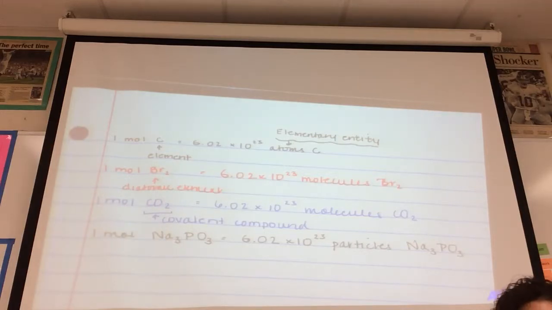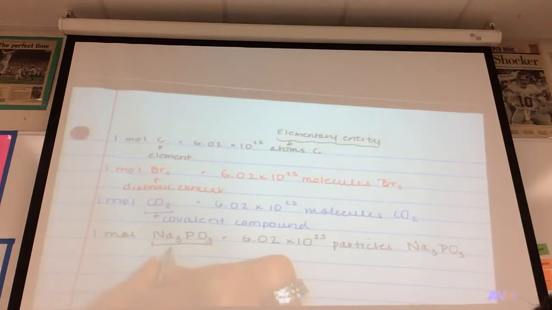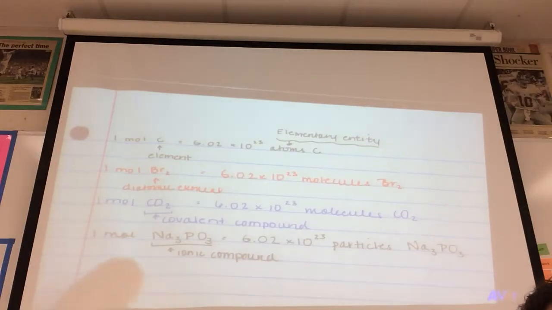It's really the same equivalency for elements, diatomic elements, covalent compounds, and ionic compounds. And for an ionic compound for your project as well, make sure you've got a metal in there. That'll really help you. Those should be the easiest to find.